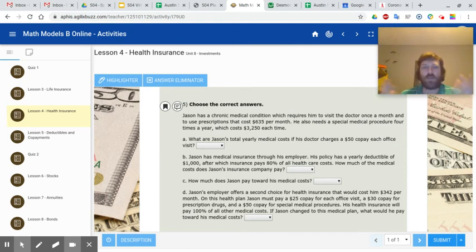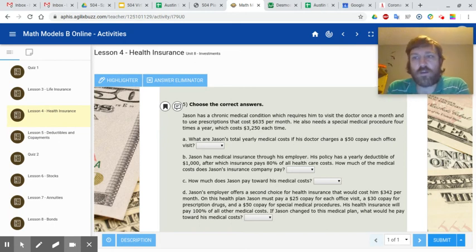First, we need to find the cost of his medical care. So he's going to visit the doctor 1 time a month, $635 per month in prescriptions, and 4 times $3,250.